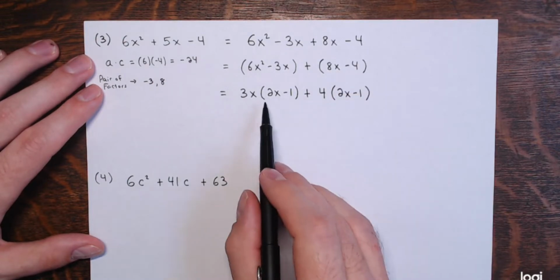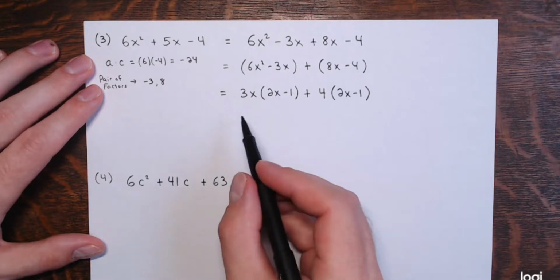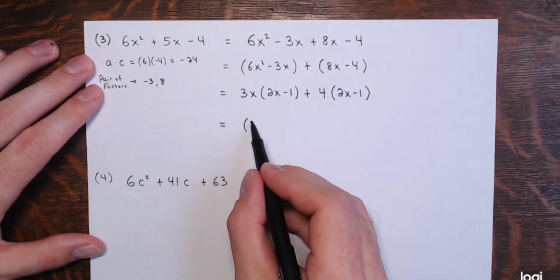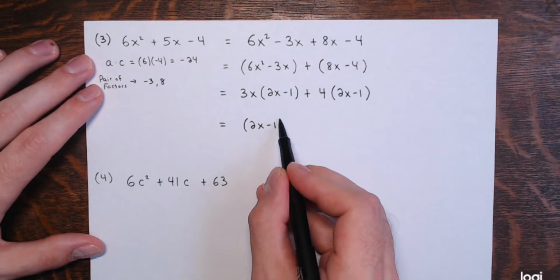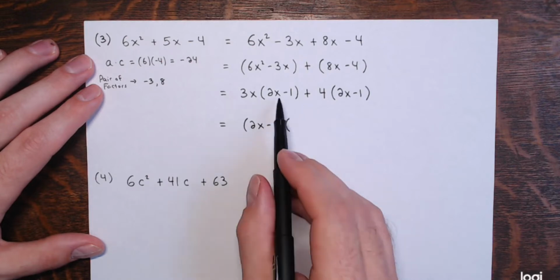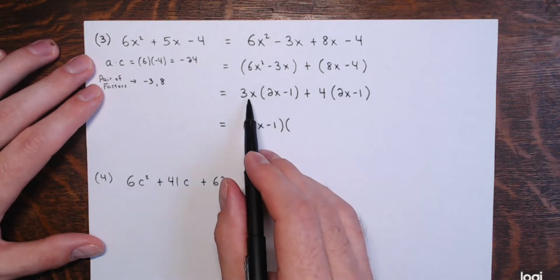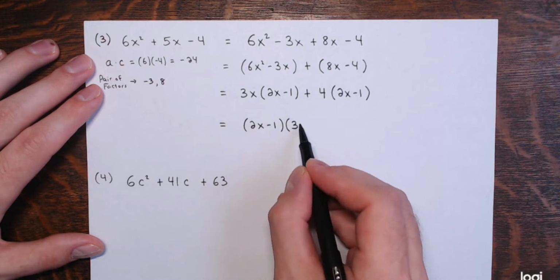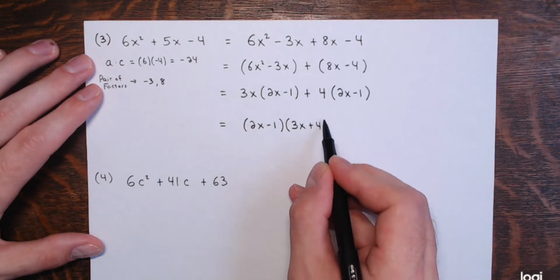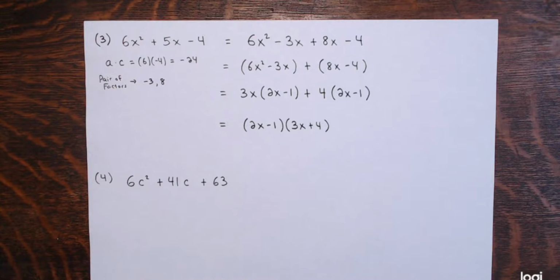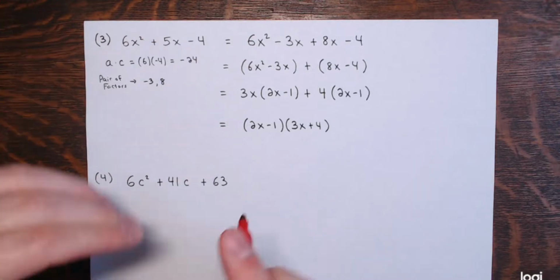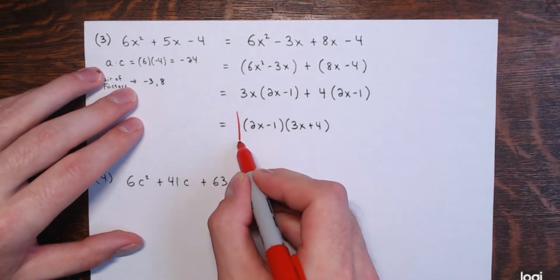And then you look at both of these products, they have a common factor of 2x minus 1. So 2x minus 1 comes out times, and then if I remove 2x minus 1, what's left over is 3x plus 4. And there you go. There's our original polynomial factored, written as a product.